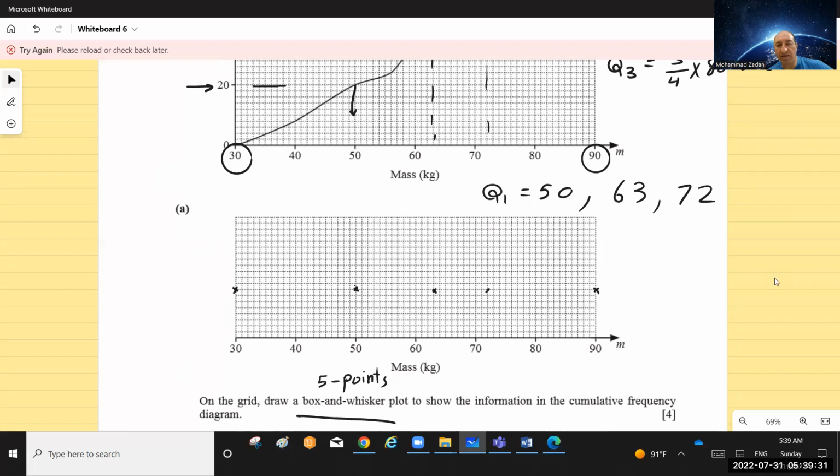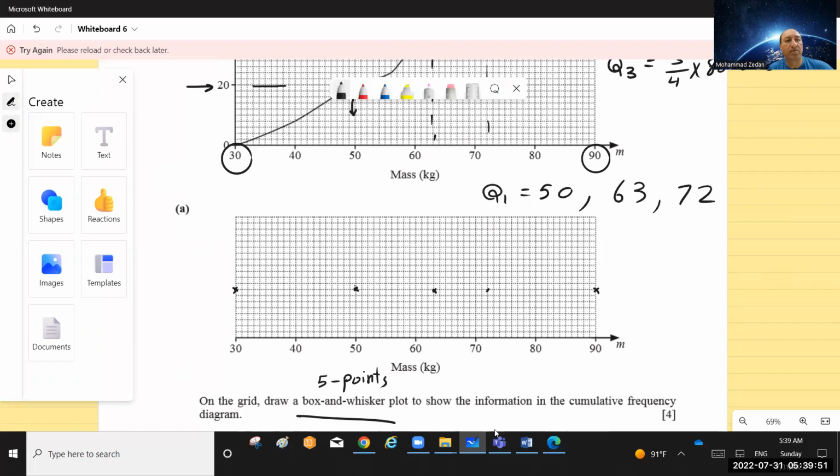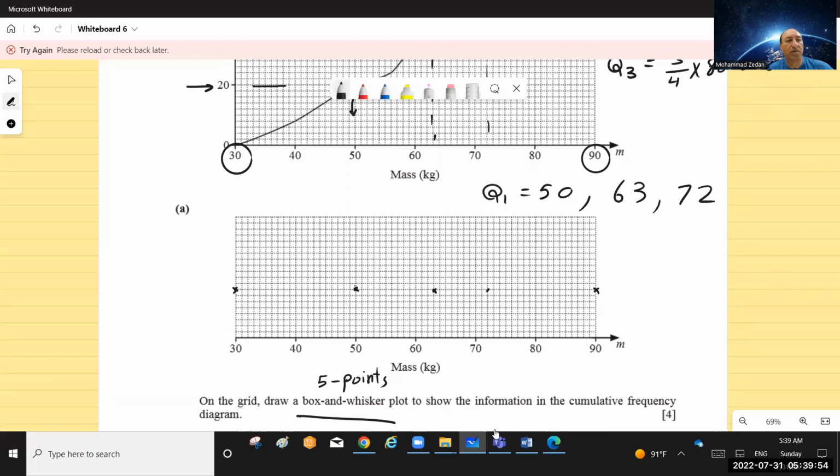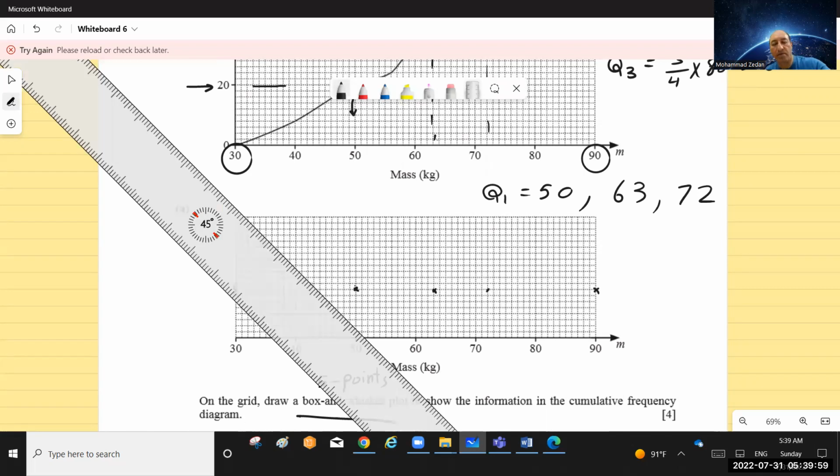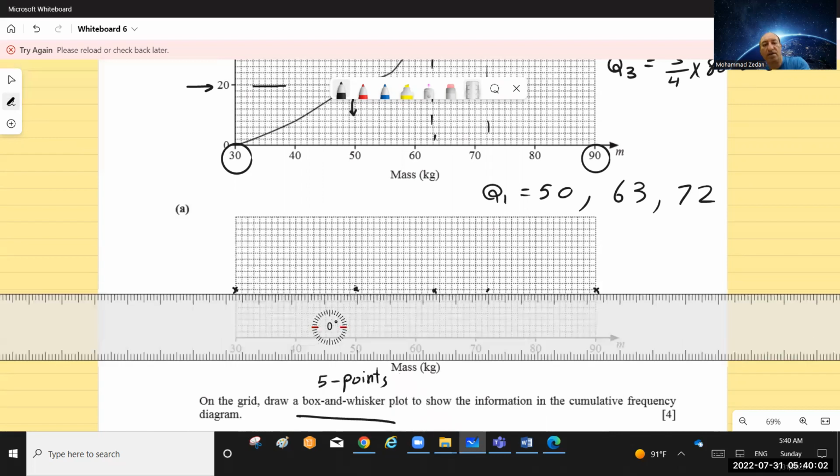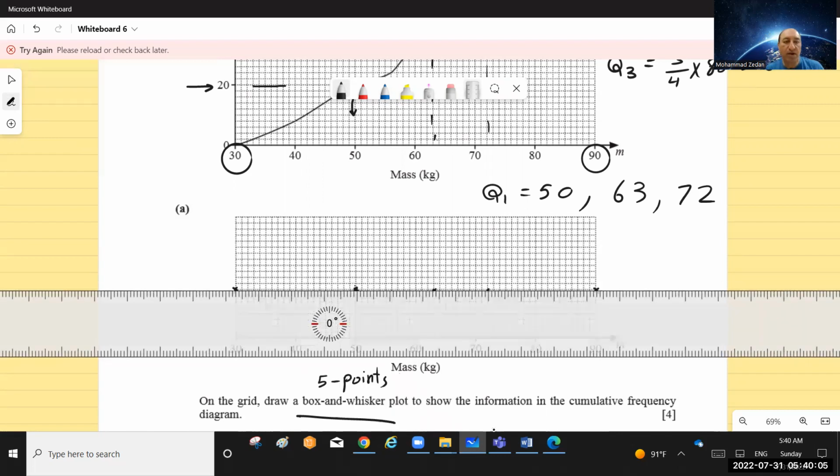After that, you just use a ruler to draw a line. First of all, you draw the minimum and maximum value like this. Okay, you draw this line. This is the whisker, and the box will be in the middle.